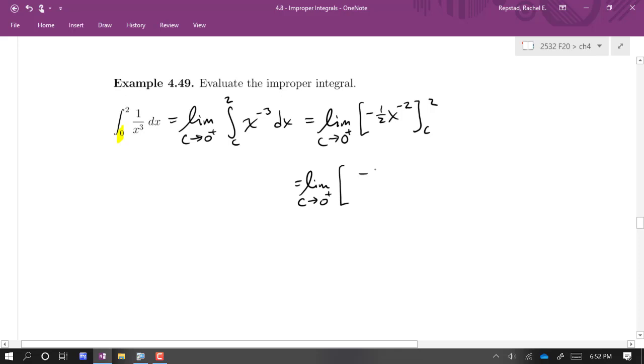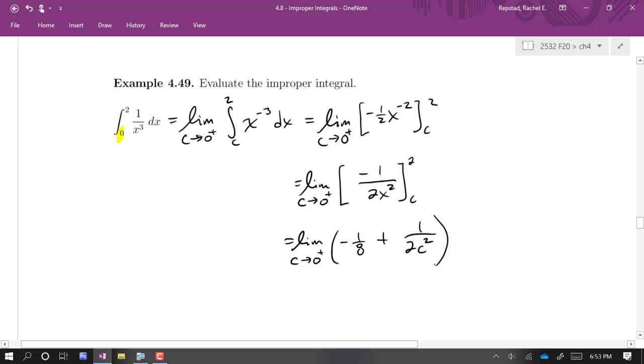I'll say that's a negative 1 over 2x squared from c to 2. If we plug in, the upper limit comes first, so that'll be 4 times 2 is 8, so that'll be a negative 1/8 minus a negative. I'll write that as a plus 1 over 2c squared.